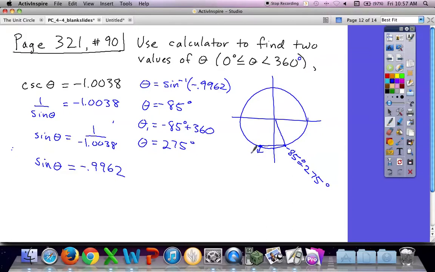There you go. Which is 265 degrees. I mean, you could also think of it like, if that was a reference angle of 85 degrees, that means that this is a reference angle of 85 degrees. So you would be doing 180 plus 85, 265. Any way that works for you.